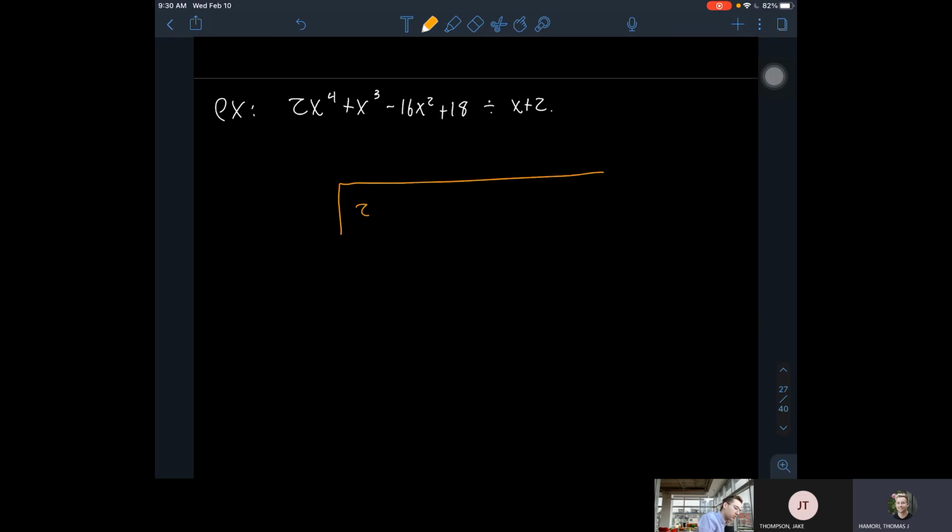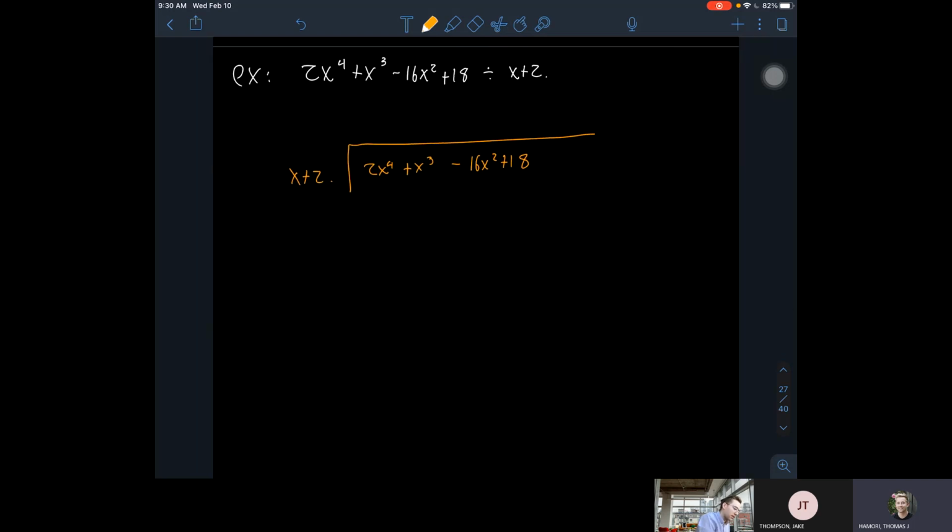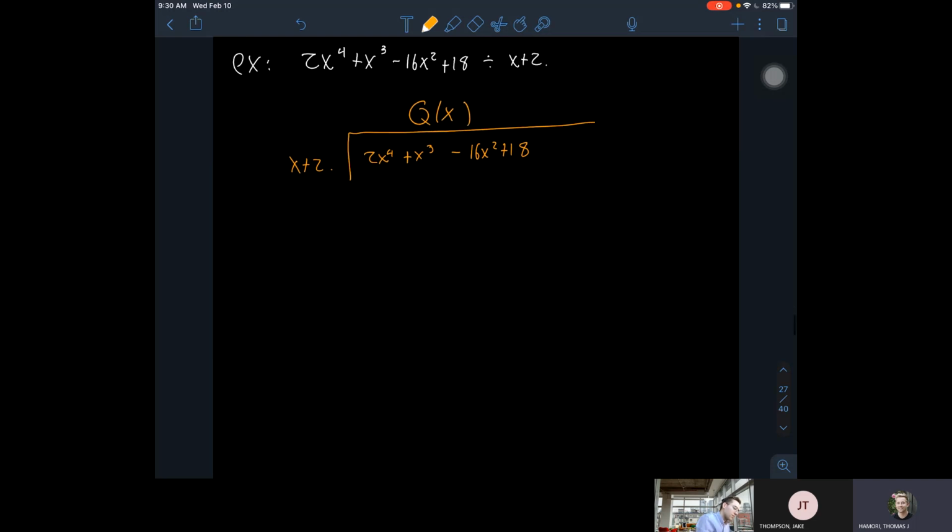If I want to do 2x to the fourth plus x cubed minus 16x squared plus 18 divided by x plus 2, what I'm really trying to do is this: this whole system is equivalent to the following.